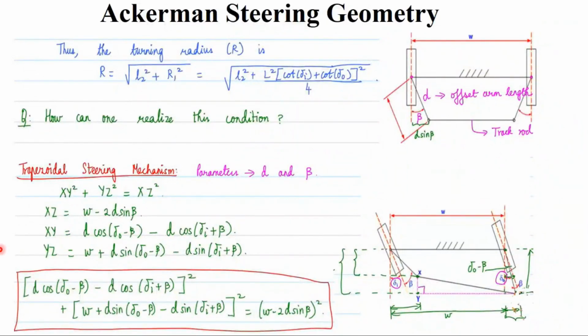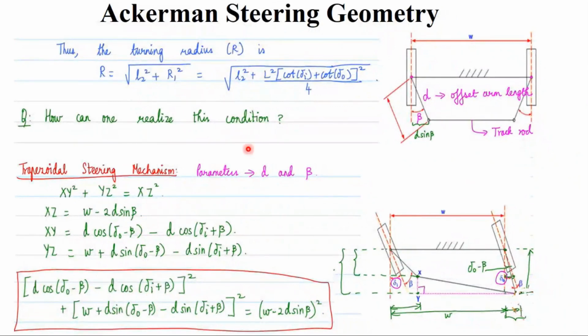Now you apply the Pythagoras theorem. Xy whole square plus yz whole square, so yz is this. When you apply all these things, it will be equal to w minus 2d sine beta the whole square. So again, this condition you should meet.